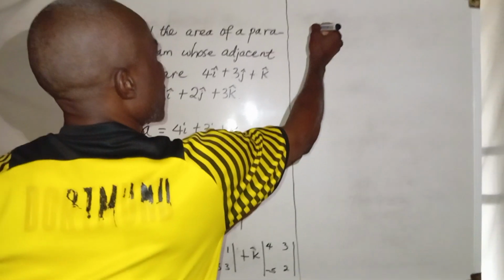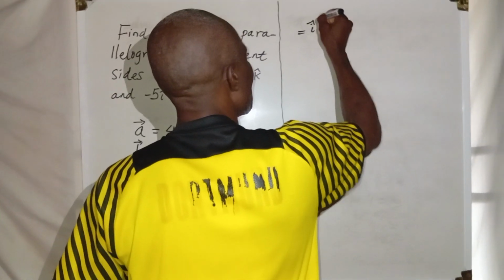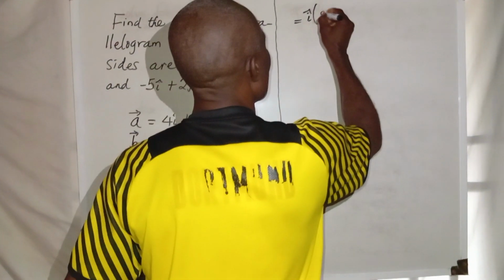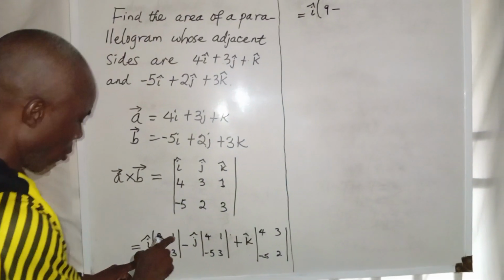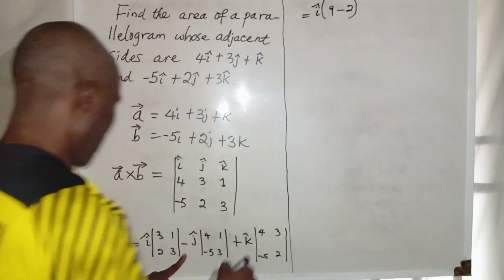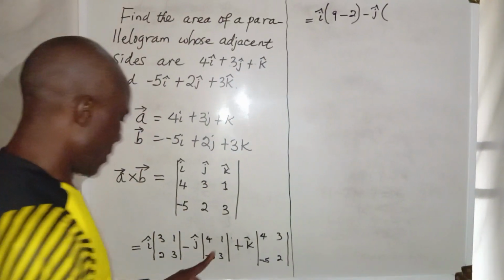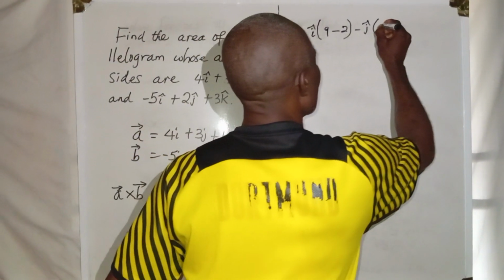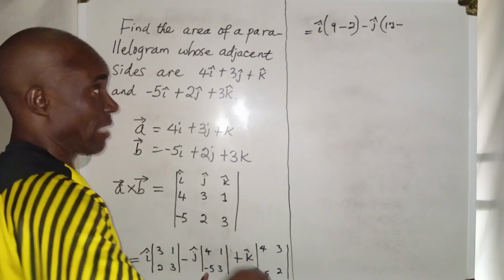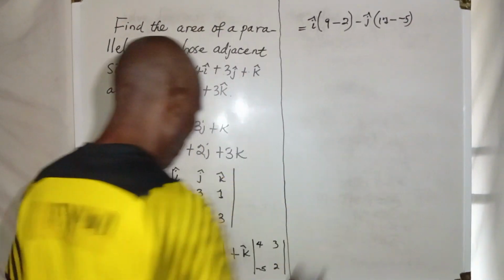Evaluate this. For i: 3 times 3 is 9, minus 1 times 2 is 2. For j: 4 times 3 is 12, minus 1 times -5, which I write as -5 here to avoid confusion.